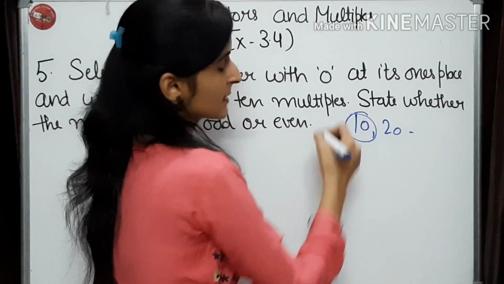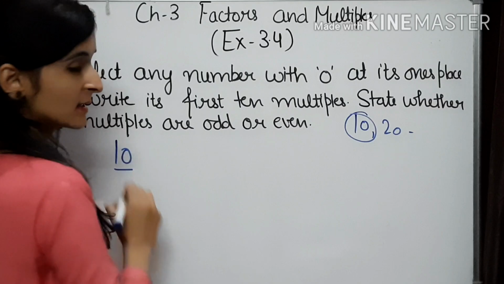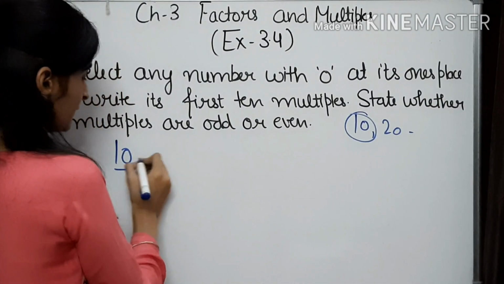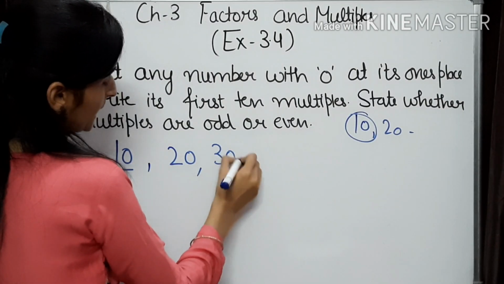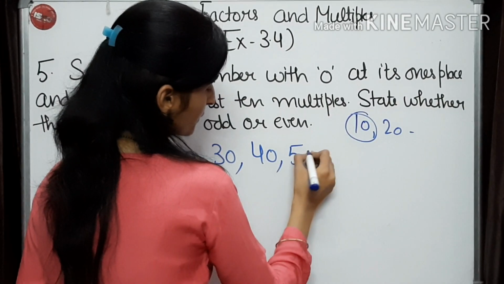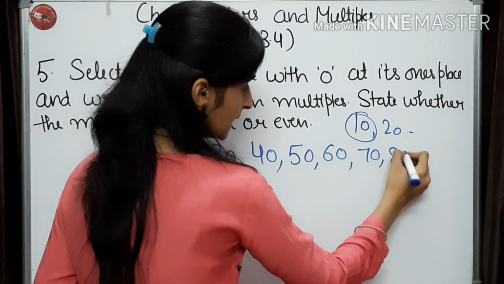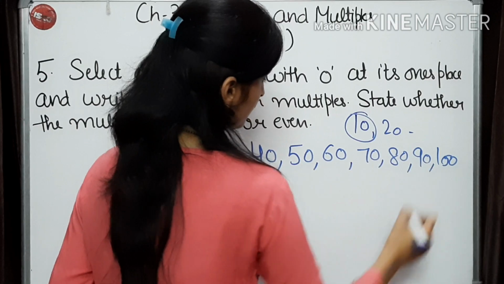Suppose I am taking the number 10 because there is 0 on its ones place. Now the multiples of 10 are 10 ones are 10, 10 twos are 20, 10 threes are 30, 10 fours are 40, likewise 50, 60, 70, 80, 90 and 100.